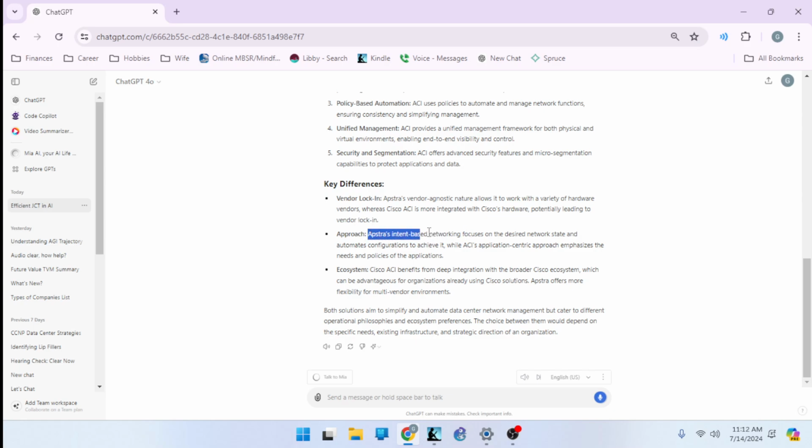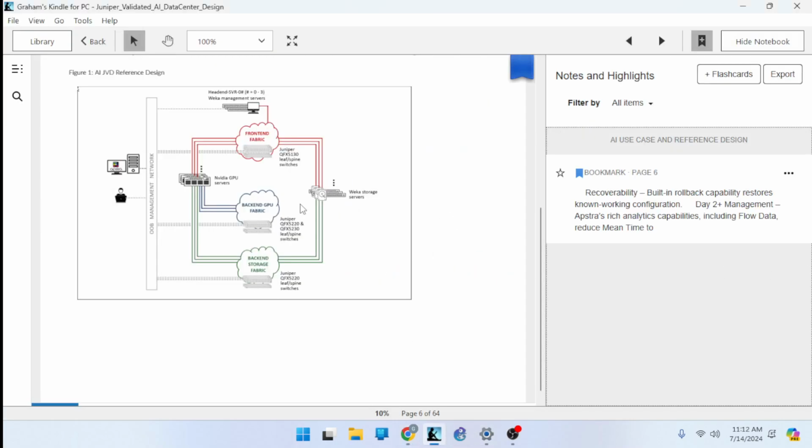Intent-based focuses on the desired network state and automates the configurations to achieve it, whereas Cisco ACI's application-centric approach emphasizes the needs and policies of the applications you'll be running across your network, which is interesting. I honestly just don't know enough, and I'm probably talking myself into the doghouse.